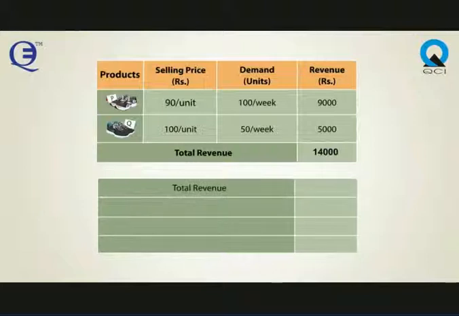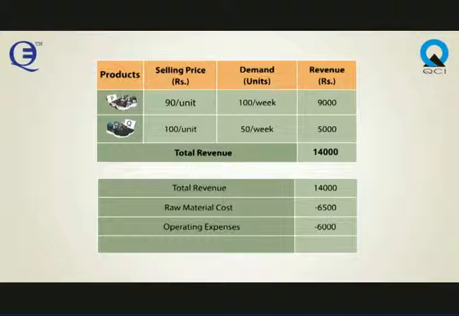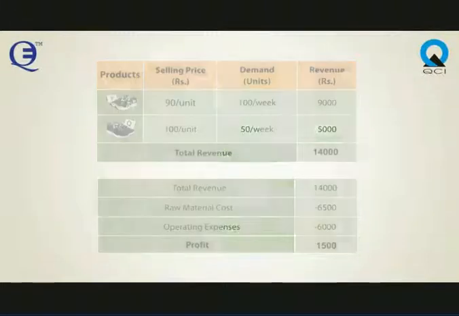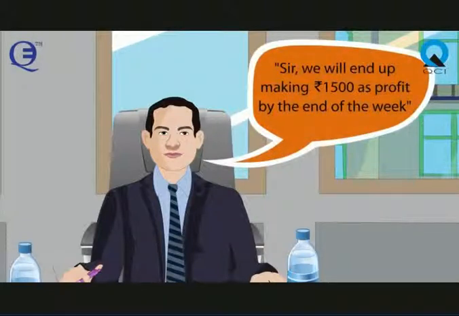From his revenue figure of 14,000, he says he will minus the raw material cost. The raw material cost is 6,500. Now, from this remaining amount, he will pay the operating cost, which is another 6,000 as given to us in the data. He says, sir, we will end up making 1,500 rupees as profit by the end of the week.